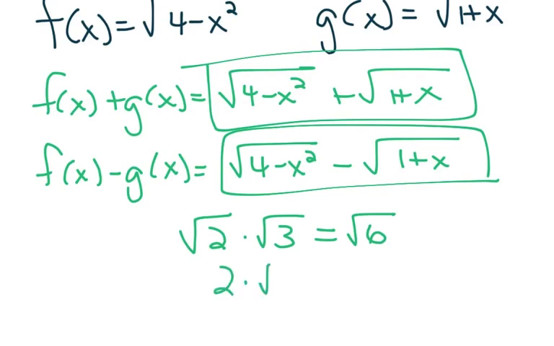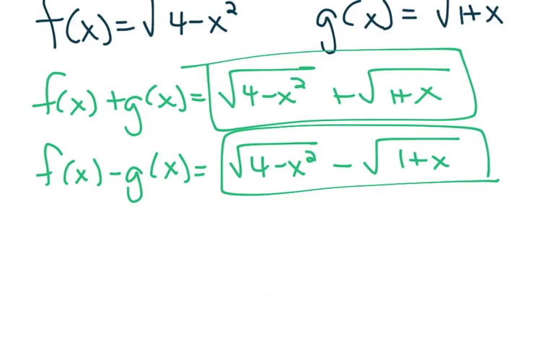This, however, because one of the numbers is under a radical and the other isn't, you can't multiply 2 and 3 together. This would just be 2 square root of 3.